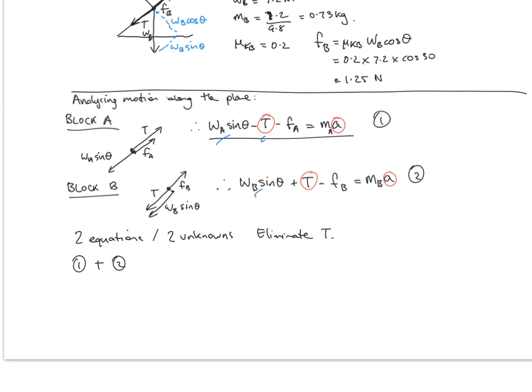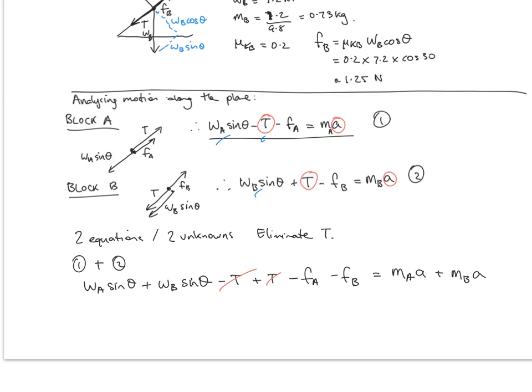So we're going to end up with something that says WA sine theta plus WB sine theta minus T plus T, this is where the elimination comes in, minus FA minus FB equals MA A plus MB A. Okay, so these guys are going to cancel.